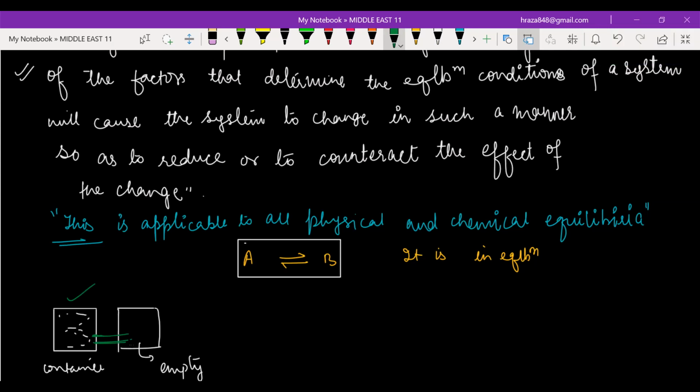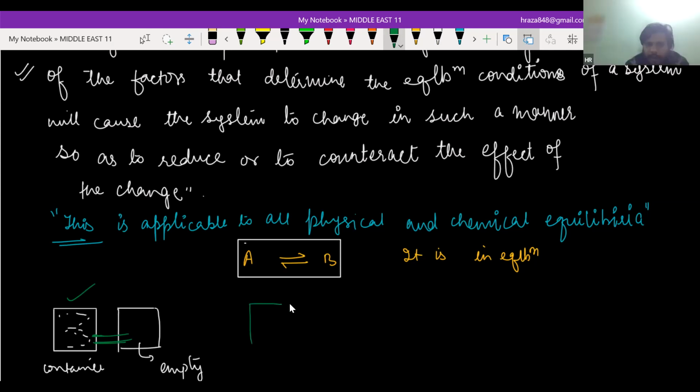Yes, sir. Now, what happens, you know, after some time it will level up with one another. This much water will be moved to the second container and it will be in equilibrium.